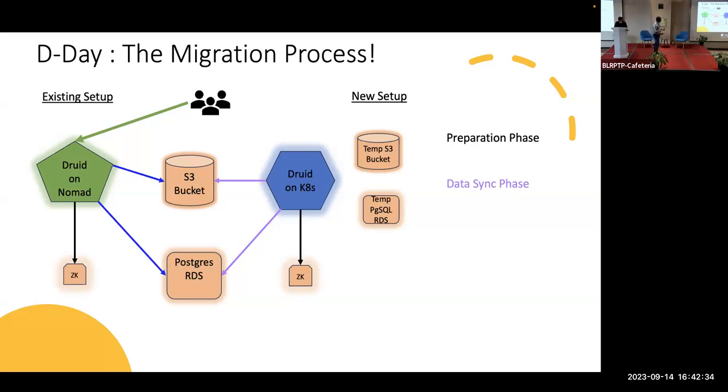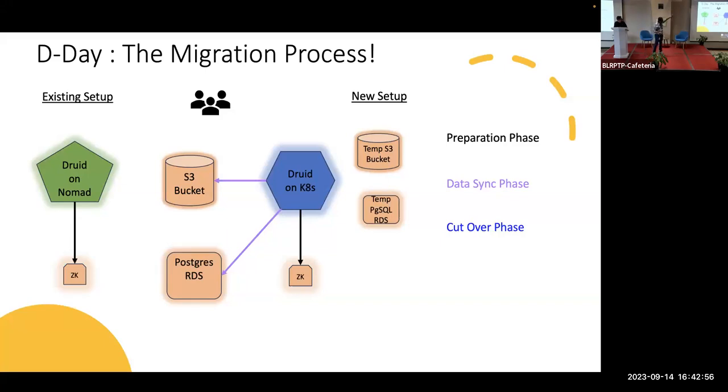The next phase is your cutover phase, right? This is the phase where you are actually going to change your endpoint. You are going to tell the users that you are done with the older Druid on Nomad.